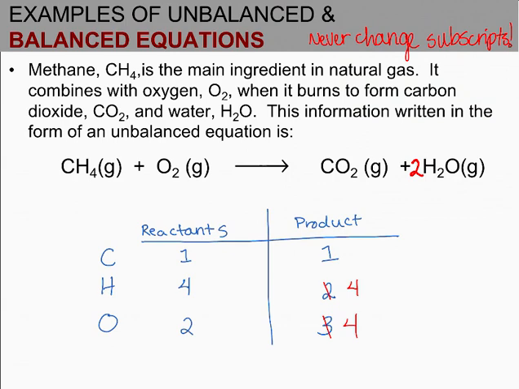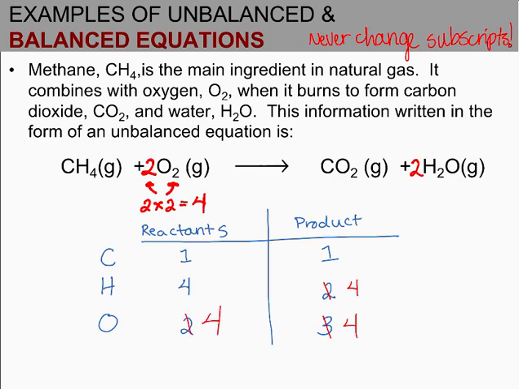So let's put a 2 in front of O2. So we're doubling the amount of oxygen that we have there. Another way you can think of it is that we're multiplying the coefficient by the subscript. So that gives us a total of 4 oxygen atoms.